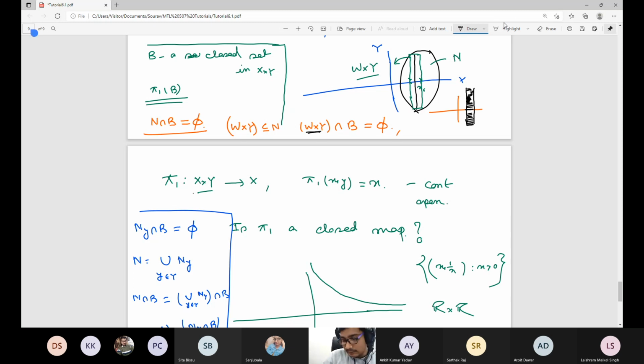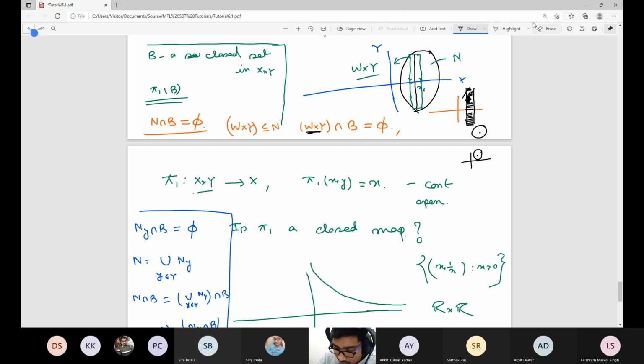You might think that if we take one point from here and one point from here, suppose this is your B and this is from your W cross Y, then if we take the projection, their image will be the same. But this is not the case. Your W cross Y is this set.